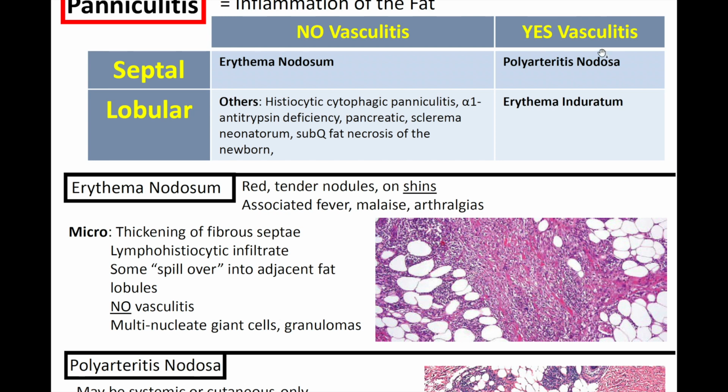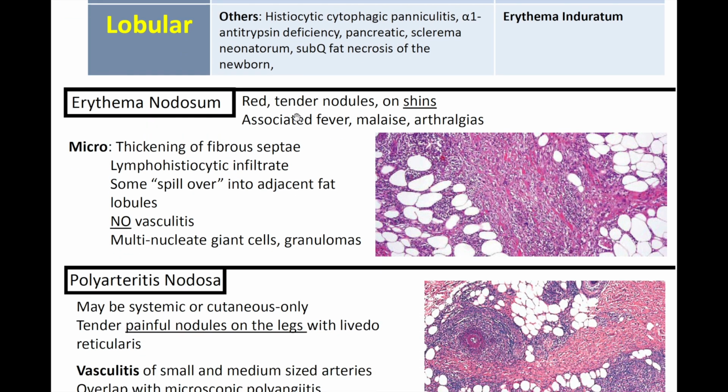If it does have a vasculitis, polyarteritis sounds like it's involving an artery, nodosa. And then lobular vasculitis, you have erythema induratum. And then there's some other entities that can be associated with lobular panniculitis with no vasculitis. And I'll just let you reference those. I'm not overly familiar with them.